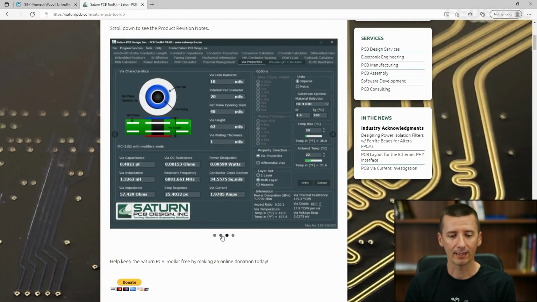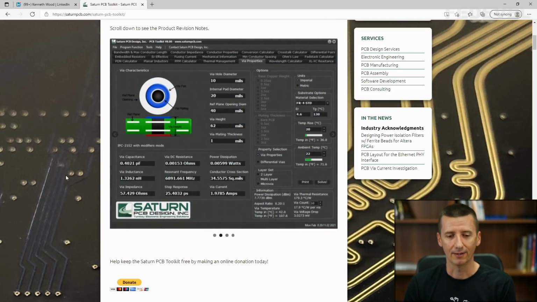And I found it super interesting because Ken explained some of the parameters in the calculator which I had no idea how they can be used. For example, he explained some of the equations which are behind some of the calculations, and he even showed me some of the calculators which I had no idea about.